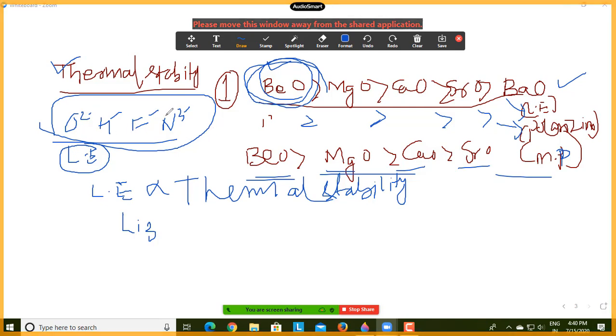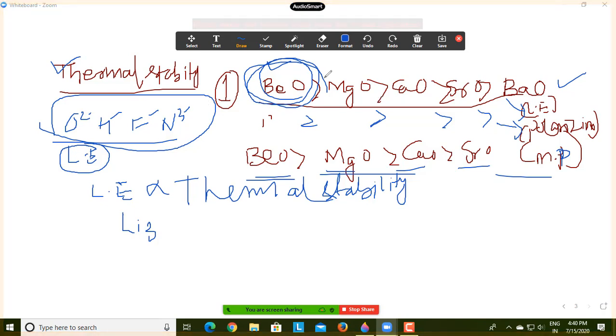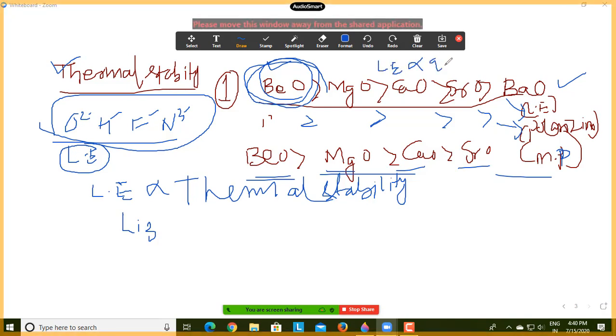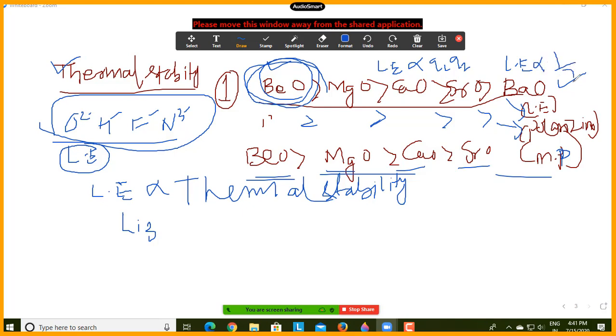If polarization is small, then you see the lattice energy. So lattice energy is more. If size is small, then lattice energy is directly proportional to charge, and lattice energy is inversely proportional to distance. If anion size is small, distance between cation and anion also will be small.